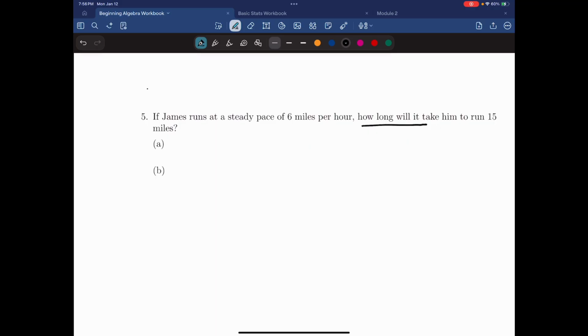So, if you aren't aware, there is a formula where if you multiply the rate and how long someone was going at that specific rate, that tells you the distance. But because we want to know the time, we can substitute time in for x.